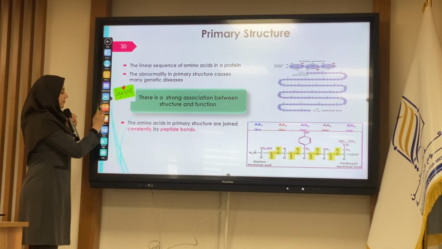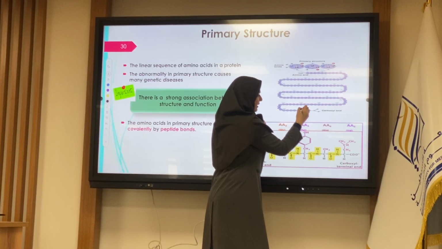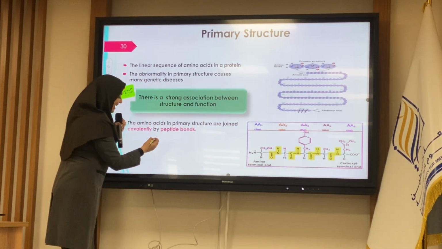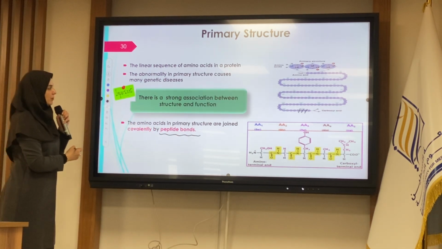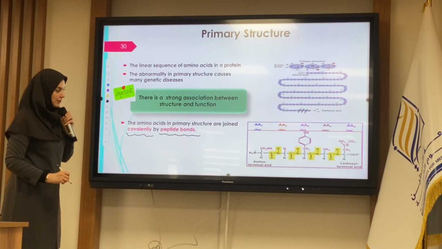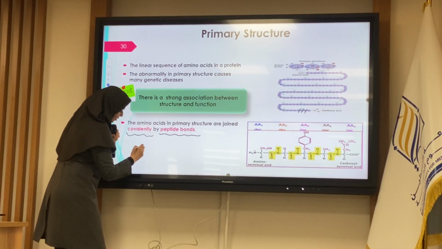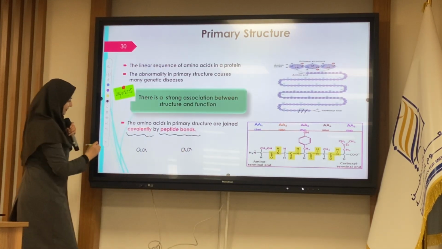So, amino acids bind together through the peptide bond. What is the important first point? The name of the bond is the peptide bond. This is a strong and covalent bond. For example, this amino acid binds to this amino acid.